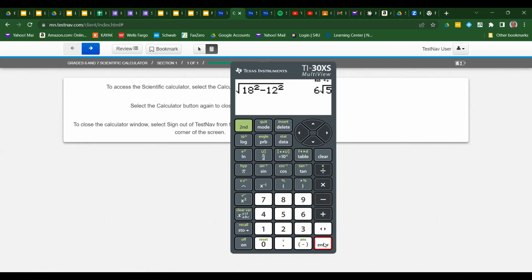Enter. Now, sometimes, I wanted to demonstrate this, you will get a funny answer. 6 times the square root of 5. Most of the time, you're not going to want that answer. And by clicking this toggle key right above the enter key, we can switch that over to a decimal, and we get 13.4. That would be our answer to this question, 13.4.